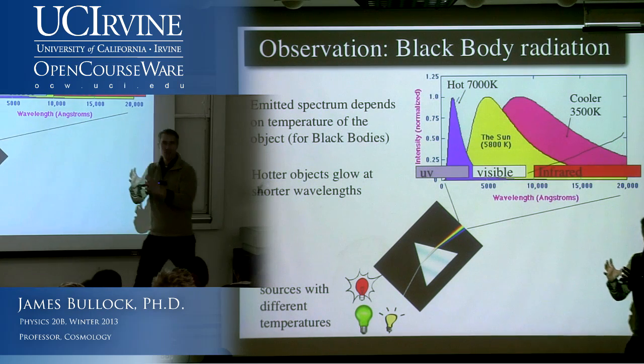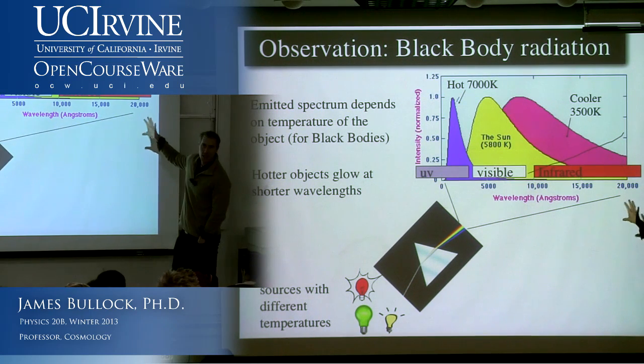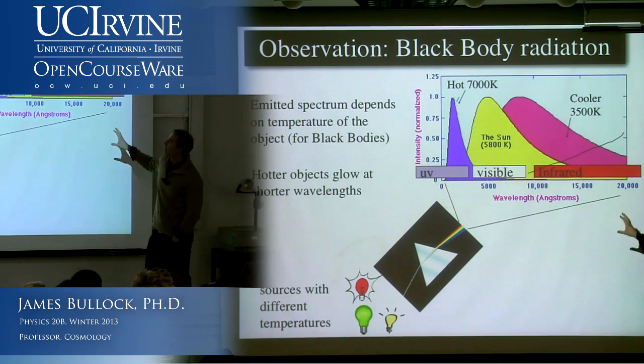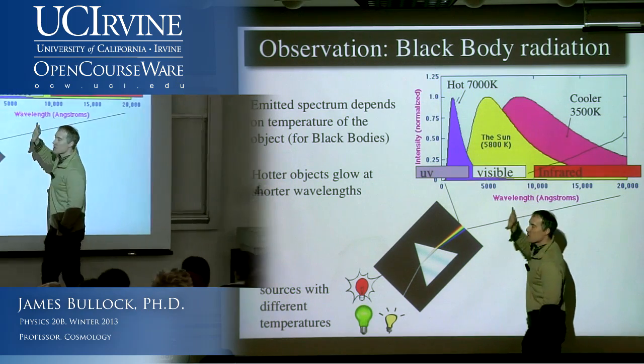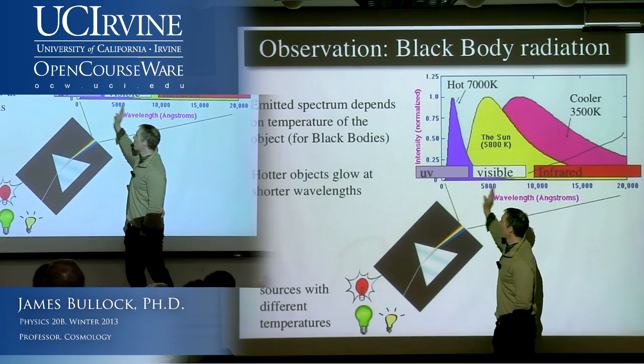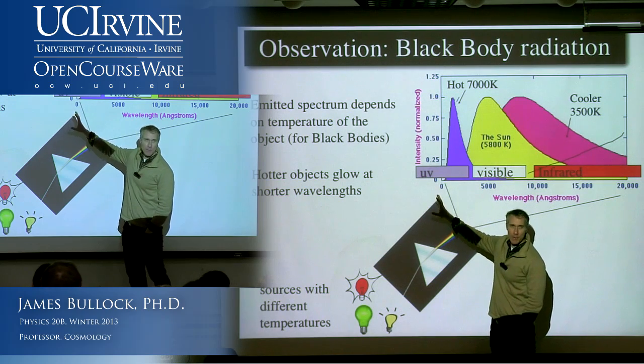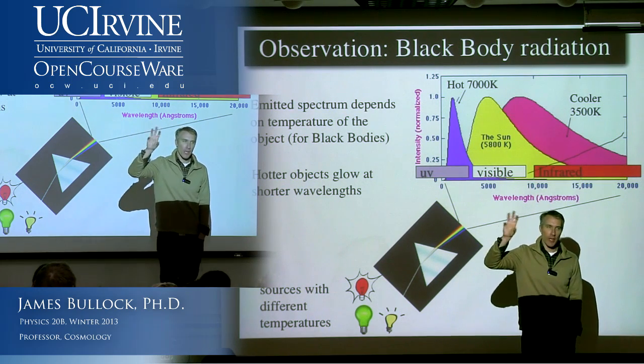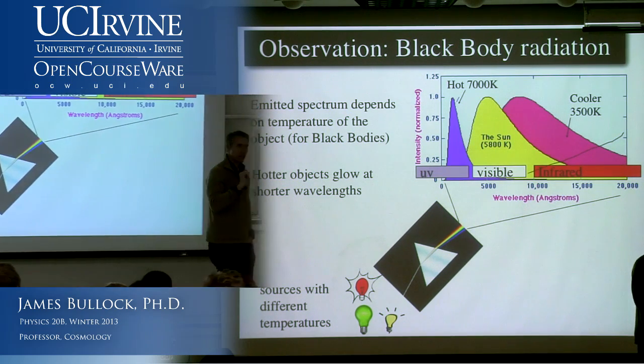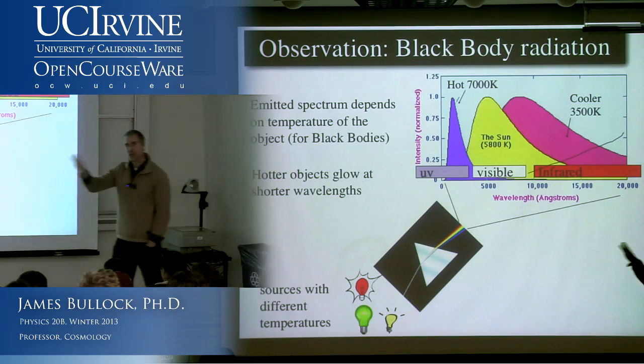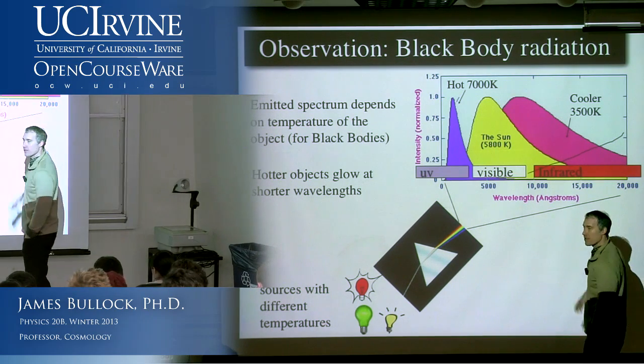You see that the hotter the thing is, the more its spectrum is emitted in shorter wavelength light. So hotter objects tend to spit out their radiation in shorter wavelengths, and colder objects spit out their radiation in longer wavelengths.